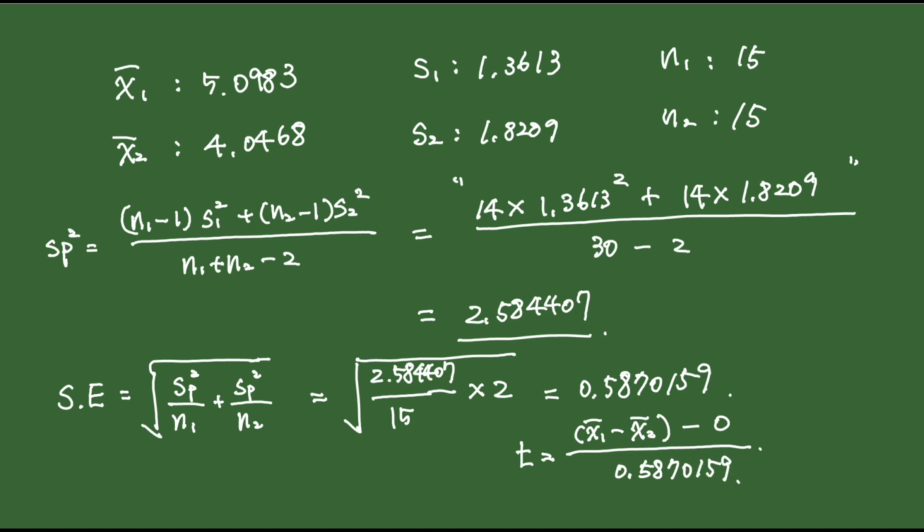So this is 5.0983 minus 4.0468, and then minus 0, so I don't need to write it down, right?